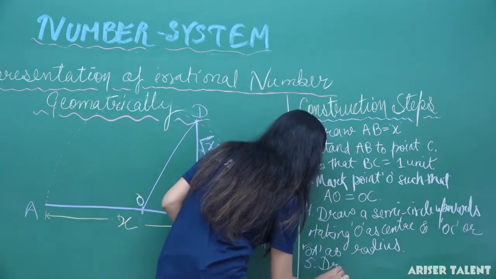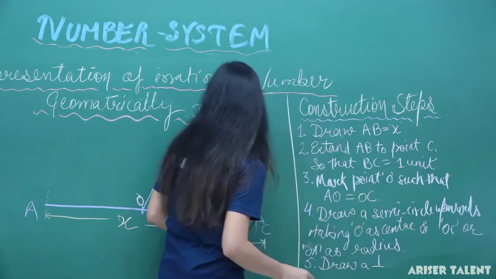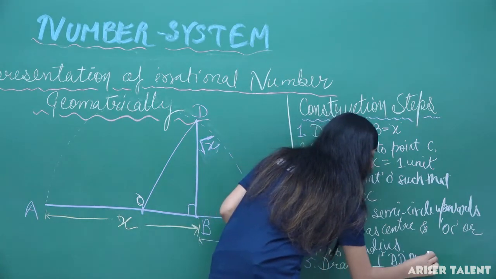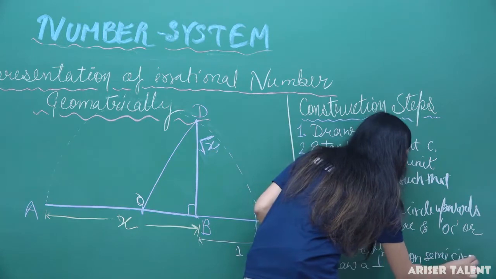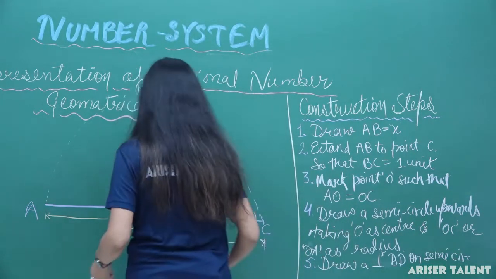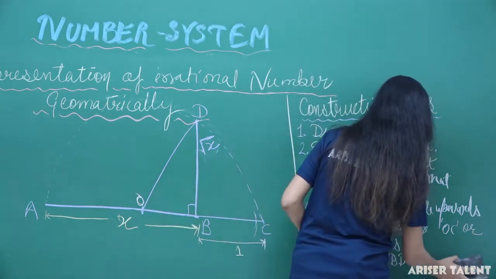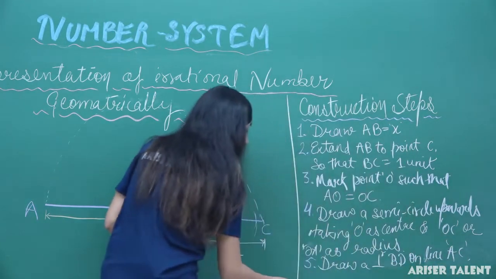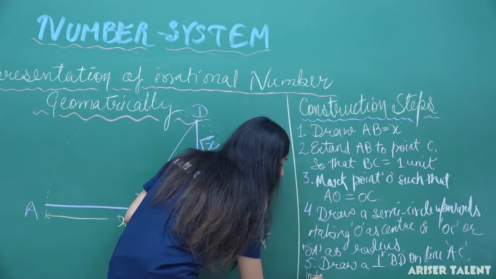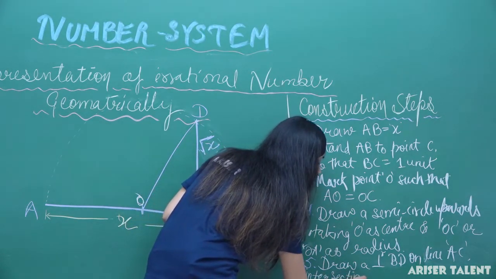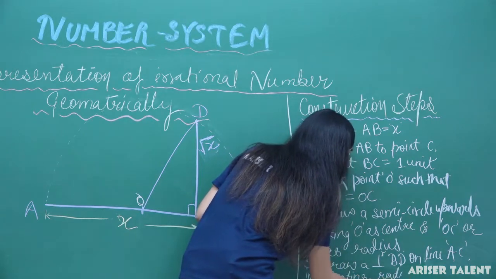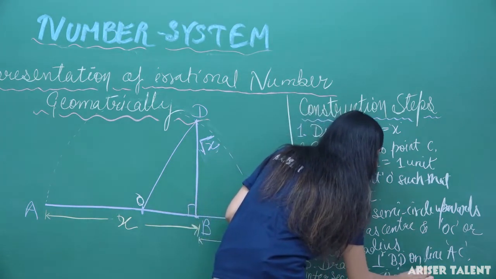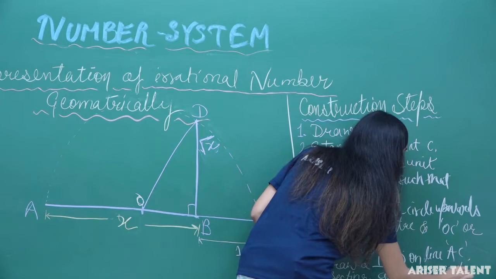Draw a perpendicular BD on line AC, not on the semicircle, on line AC, intersecting the circumference of the circle, right?